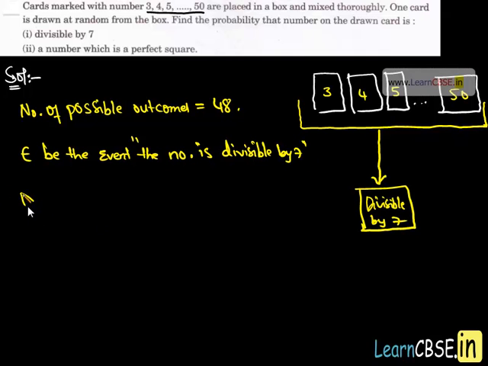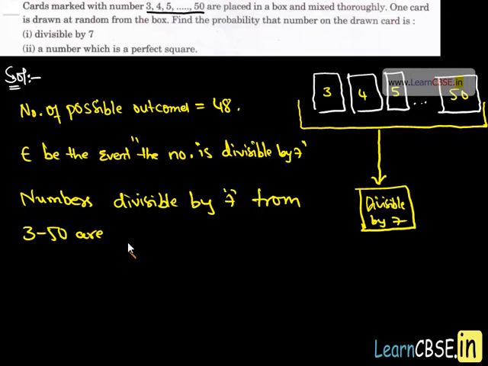So the numbers which are divisible by 7 from the given set of numbers, that is 3 to 50, are 7 and multiples of 7, that is 14, 21, 28, 35, 42 and 49.